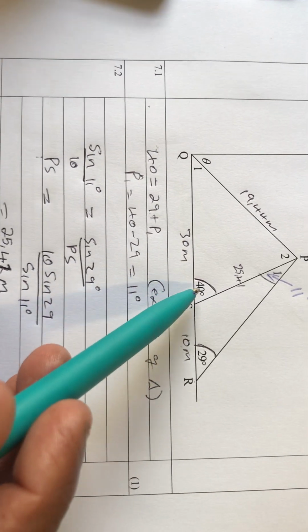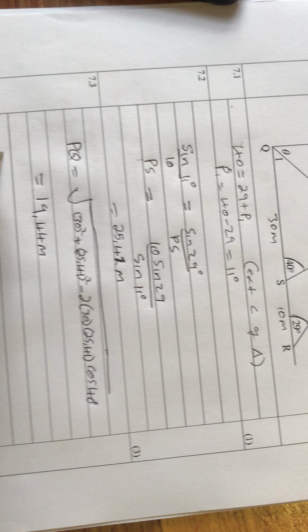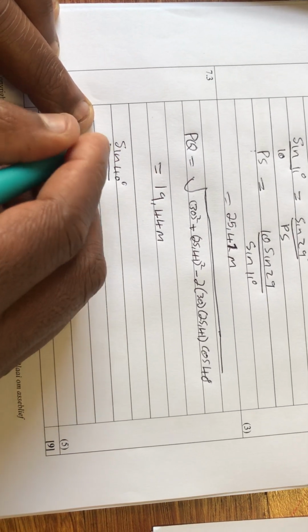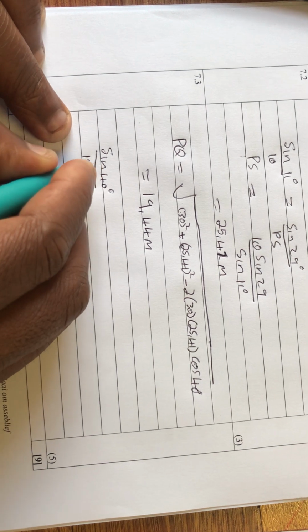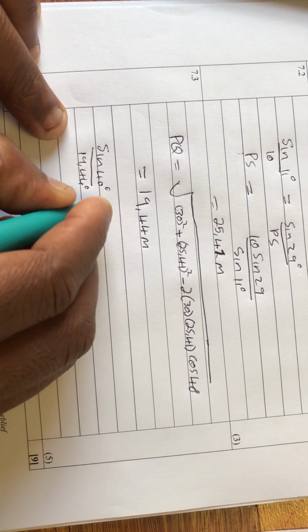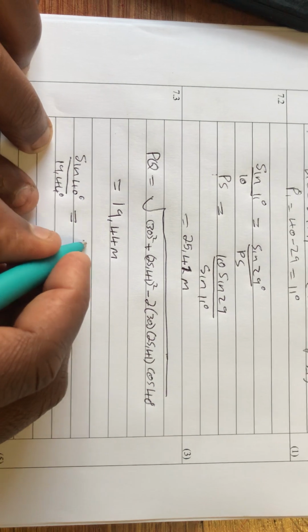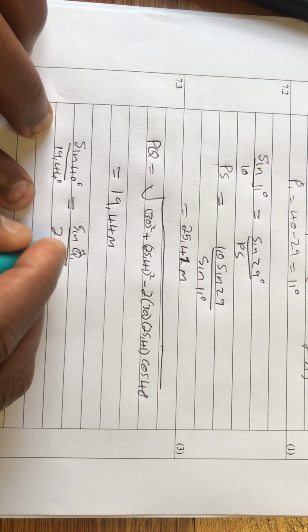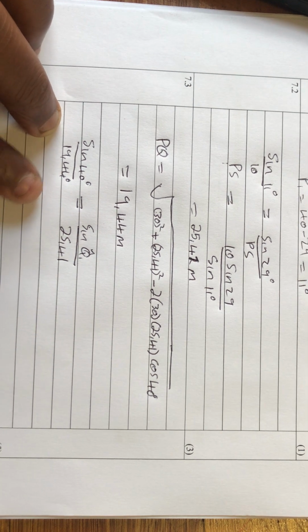Therefore we can use the sine rule. Sine 40 degrees divided by 19,44 equals the sin of angle Q1 divided by 25,41.